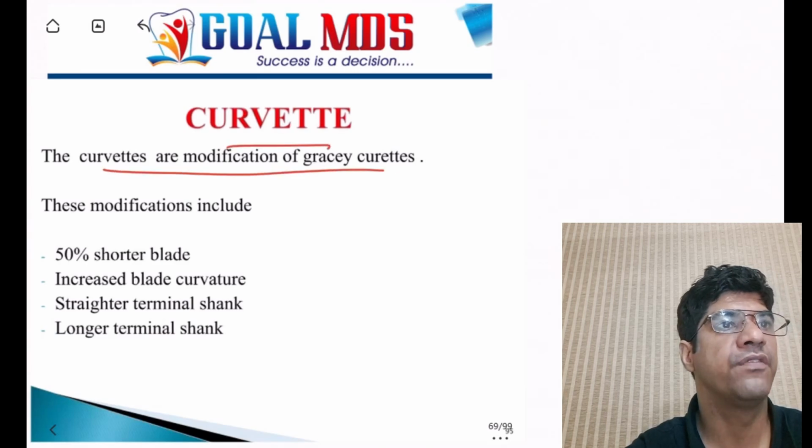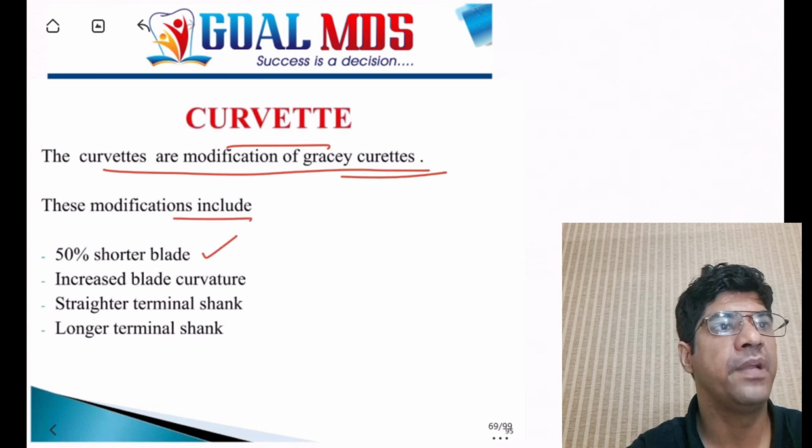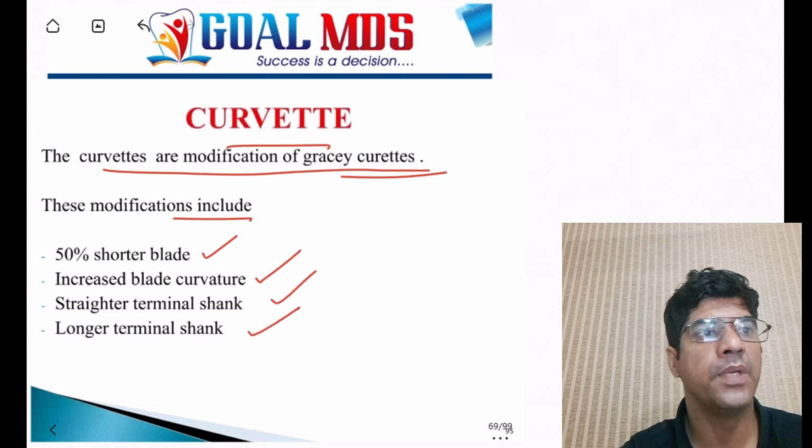Curvettes are modifications of the Gracie curette. The modifications include a 50% shorter blade, increased blade curvature, straight terminal shank, and longer terminal shank.